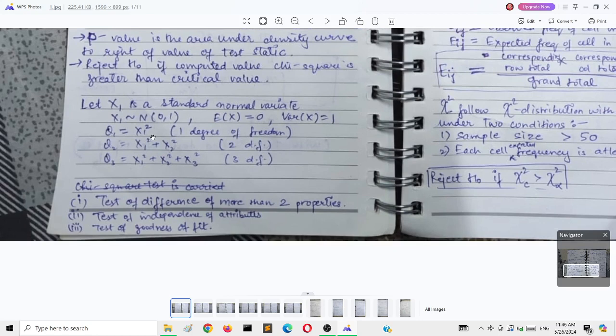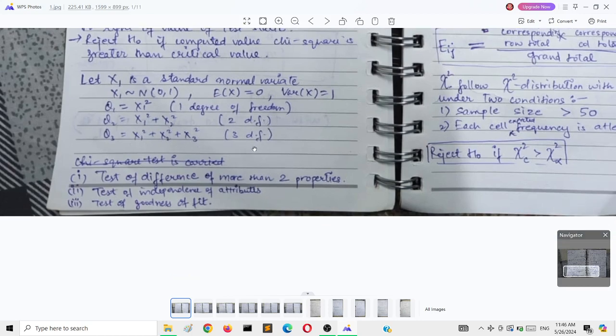Now theta 1 is x1 squared, that is 1 degree of freedom. Then theta 2 is x1 squared plus x2 squared, that is 2 degrees of freedom, and theta 3 is x1 squared plus x2 squared plus x3 squared, that is 3 degrees of freedom.